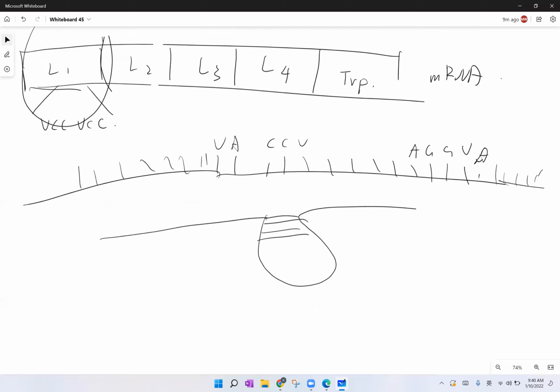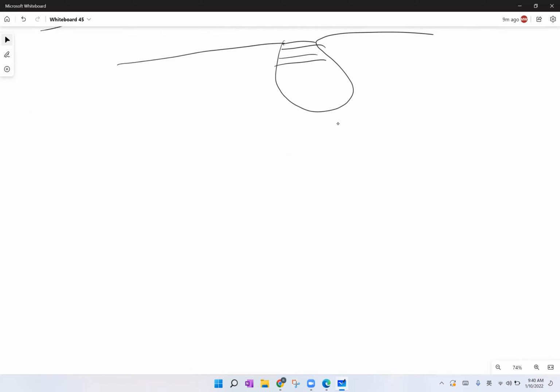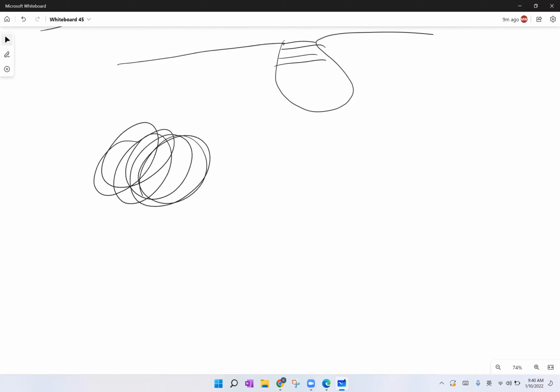Okay, let's draw a diagram here. What's going to happen if your transcription and translation happen simultaneously? This is your nucleoid, okay? Your RNA polymerase is going to attach to here, and start the transcription process and make what? mRNAs, right? So here's your mRNA. What's the direction of your transcription? 5 to 3. So, what's going to be on this side?